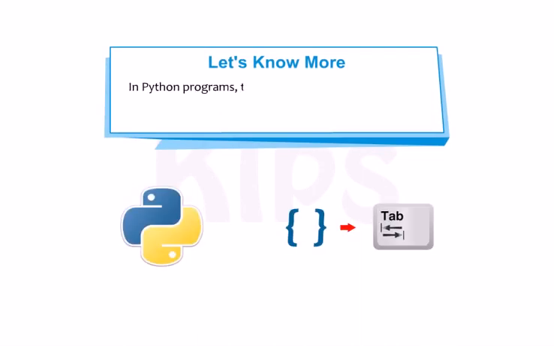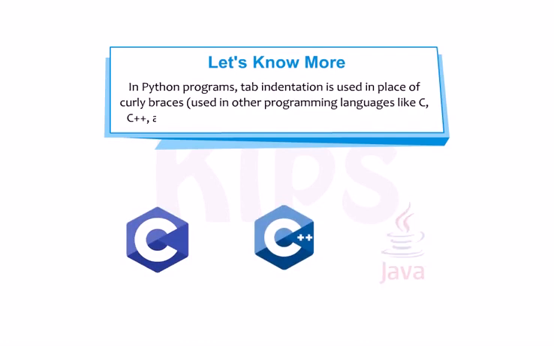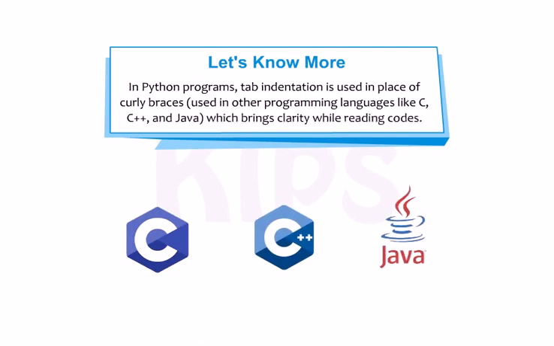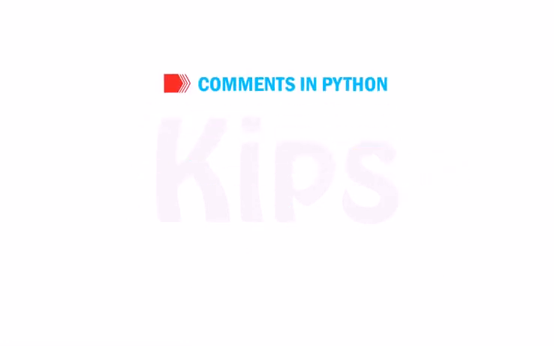Students, let's know more. In Python programs, tab indentation is used in place of curly braces, used in other programming languages like C, C++, and Java, which brings clarity while reading code. Now let us talk about comments in Python.